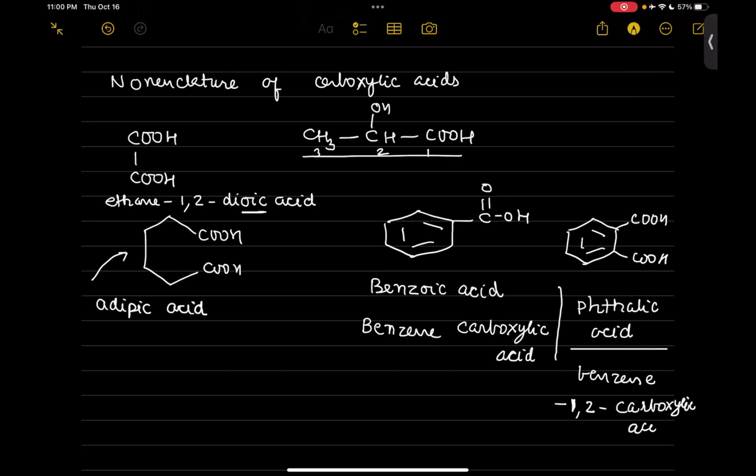Okay. So benzene 1,2-dicarboxylic acid. Got it? Is it clear? And it is commonly known by the name of phthalic acid. Okay, benzoic acid, benzene carboxylic acid. Adipic acid is hexane 1,6-dioic acid.